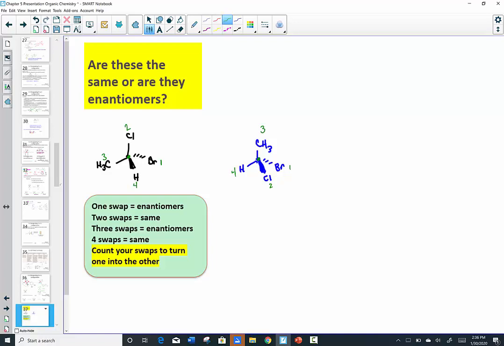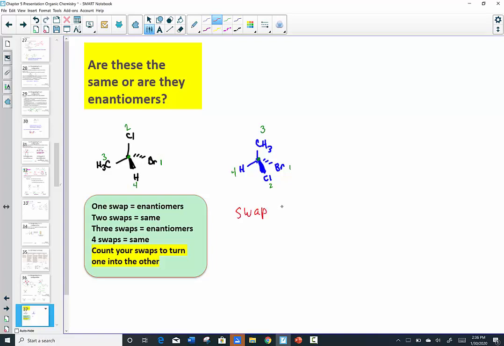Are they the same or different? How many swaps does it take to convert one into the other? Well, first thing I can do is, let's see, chlorine needs to move. Bromine stays where it is, right? So bromine looks like the only thing that I don't need to swap. Methyl, let's swap.